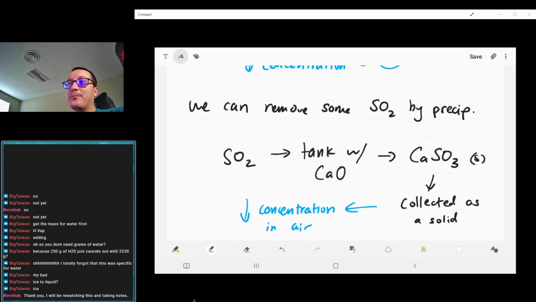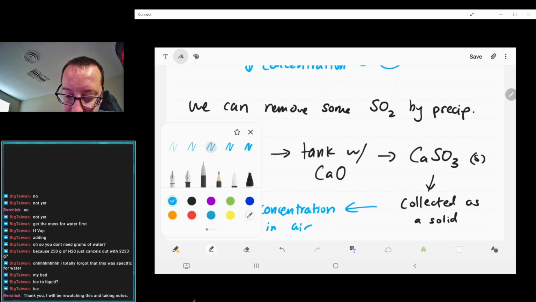Of course, ideally producing less SO2 in the first place would be a better idea, but if nothing else, at least we can mitigate after the fact. So bit by bit. Alrighty, so that's the end about sulfur dioxides for now.